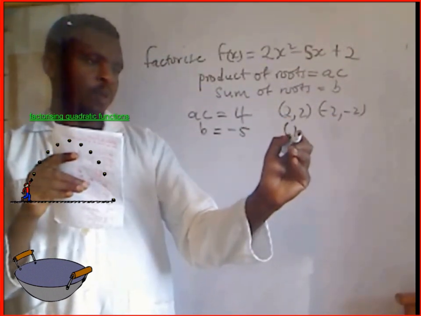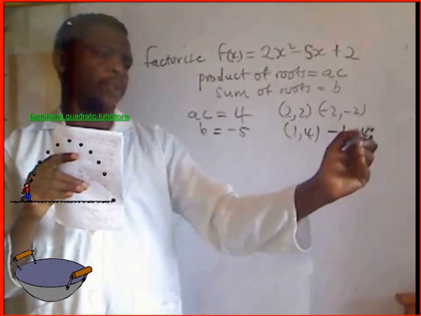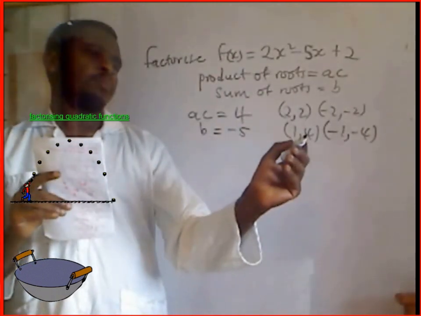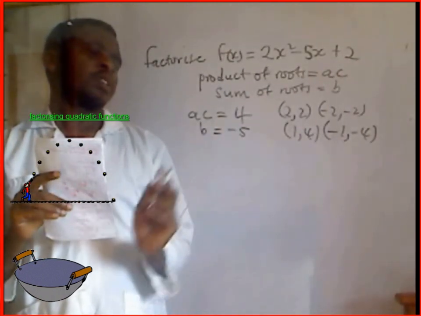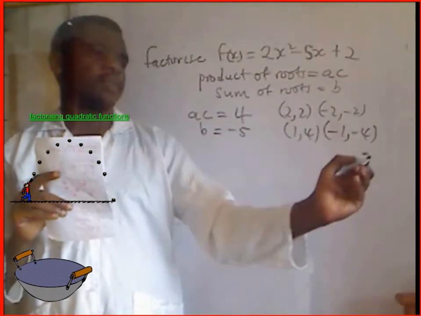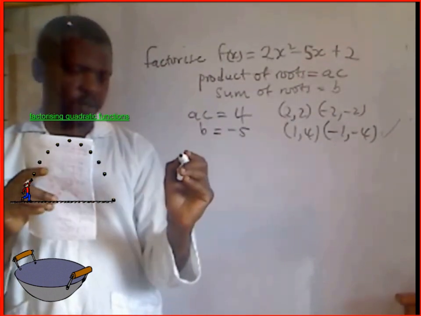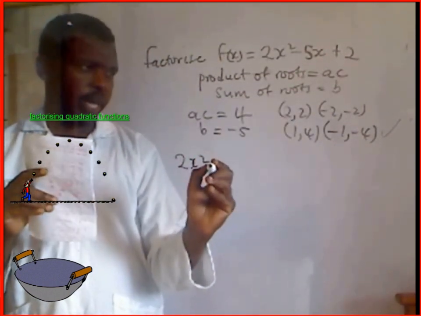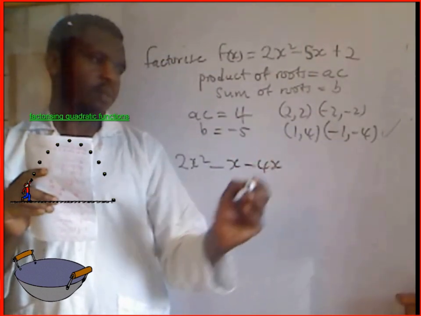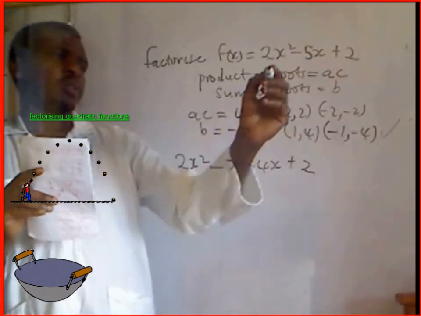I can have 1, 4, or I could have minus 1, minus 4. If I look at these numbers here, 1 plus 4 does not give minus 5. If I take minus 1 minus 4 gives me minus 5. So I use this set. Now I expand this. This will give me 2x squared minus x minus 4x plus 2. This contains 3 terms.